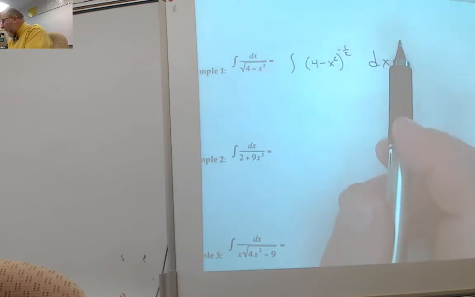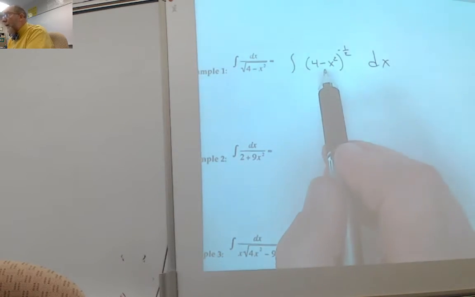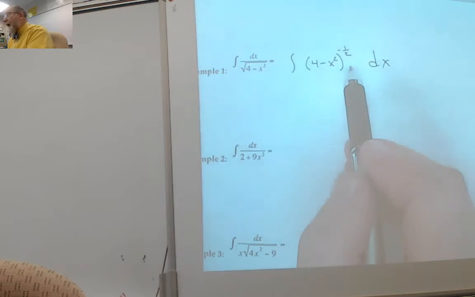For me to do that, because this has parentheses, there must have been the chain rule to create this derivative. I'd have to have a negative 2x. It's not there, is it? So I can't reverse the chain rule.